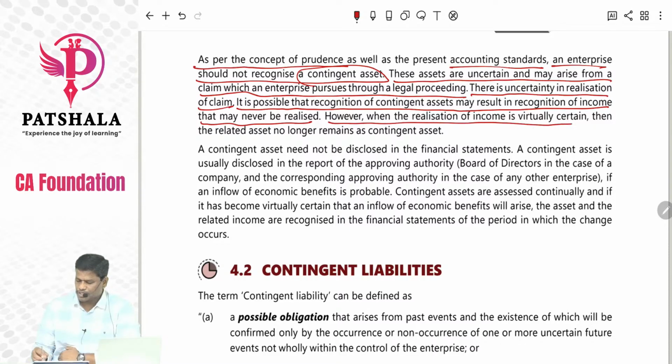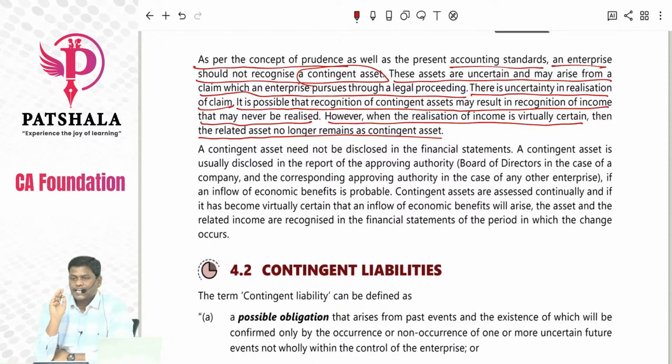However, when the realization of income is virtually certain, then the related asset no longer remains as contingent asset.